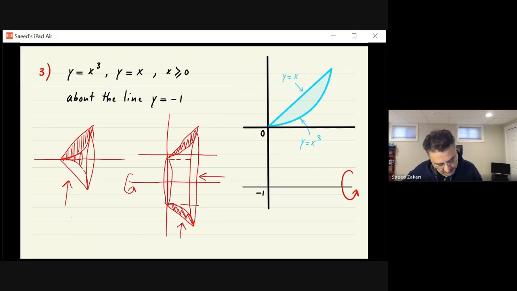So one of them looks like, if I just rotate it so that it's standing, one of them looks like this from outside, the other one looks like this from outside. And this one has a hole in it.